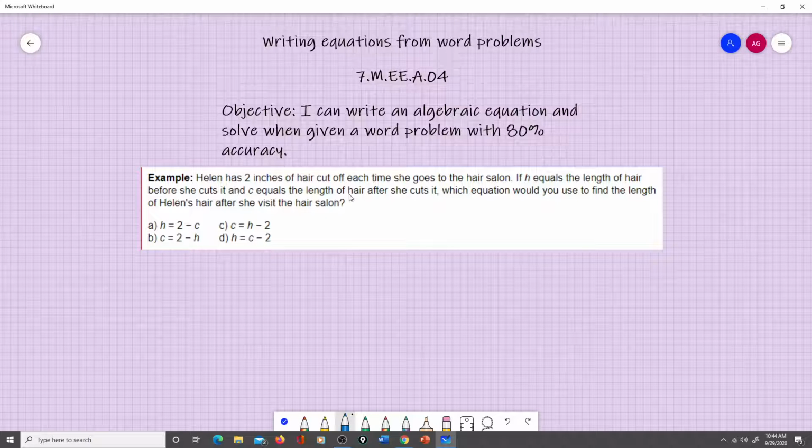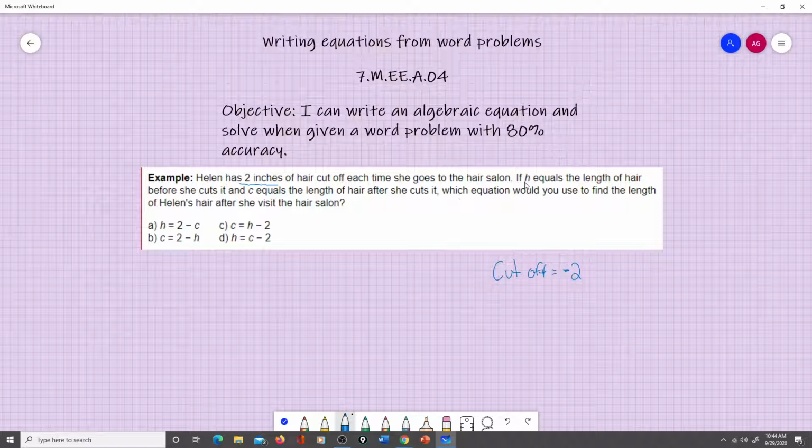One thing that's really good to do is make these values equal some of the words from the problem so that it makes a little bit more sense, okay? So in this problem, we can see that cut off is equal to -2, right? Because the hair cut off each time is 2 inches, and if we're cutting off hair, that should be negative.